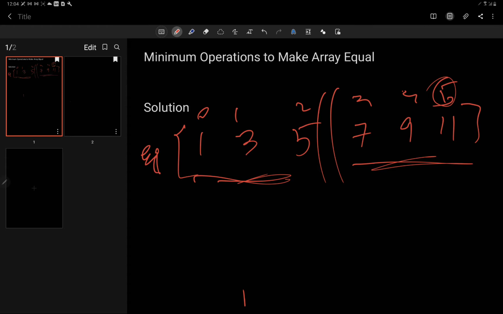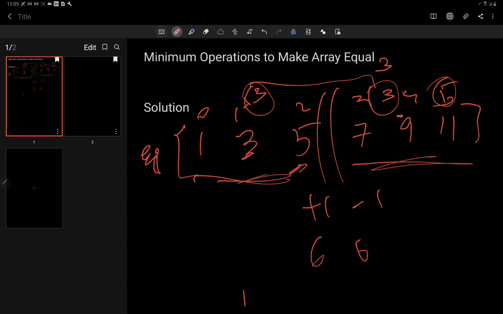Suppose here we add 1 and subtract 1, so it becomes 6 and 6. Here, to make it 6, we add 3 and subtract 3, so that is 3 operations, because 3 times 1 is added and 3 times 1 is subtracted from this position.